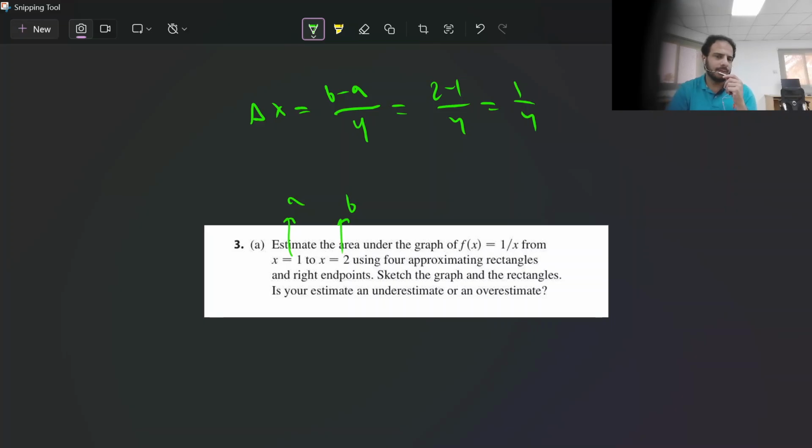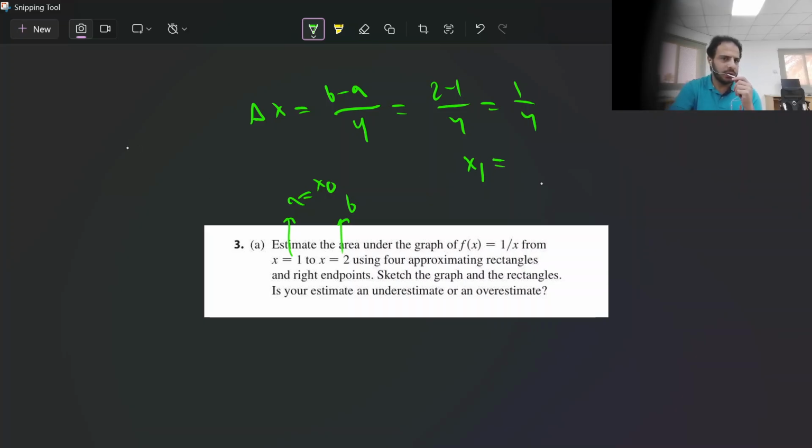Then x equals 1 is called x0, okay? For right endpoints you start from x1, okay? x1 equals what?